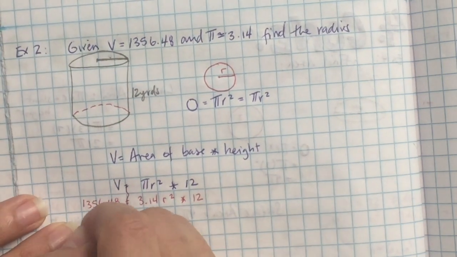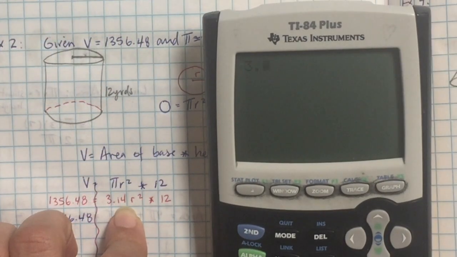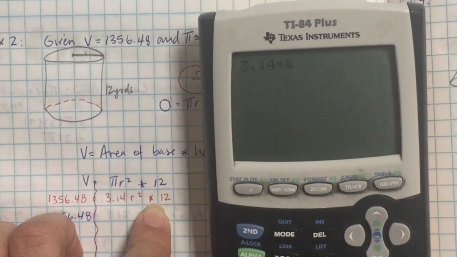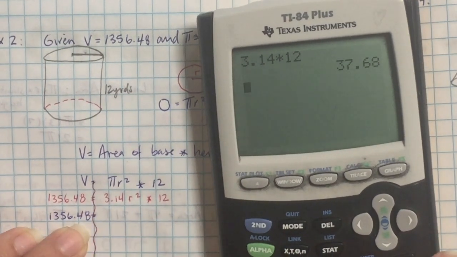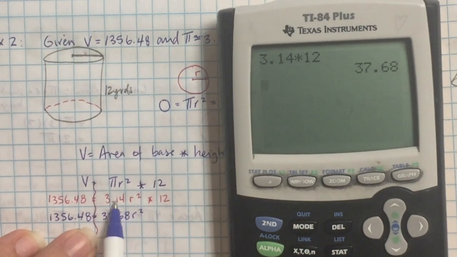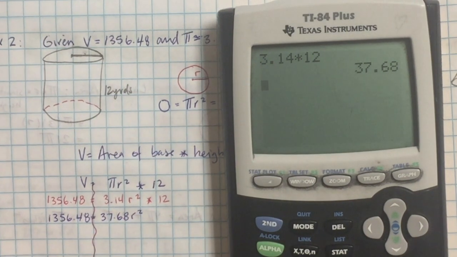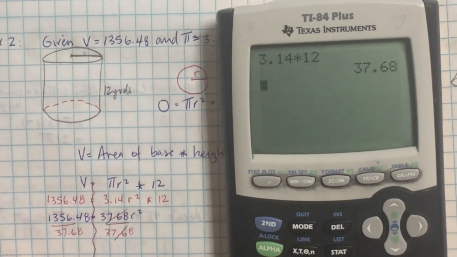Now I need to isolate r squared, so I'm going to start by multiplying 3.14 times 12. So I'm going to get 37.68 r squared. Divide both sides by 37.68 so I can get r squared on its own.